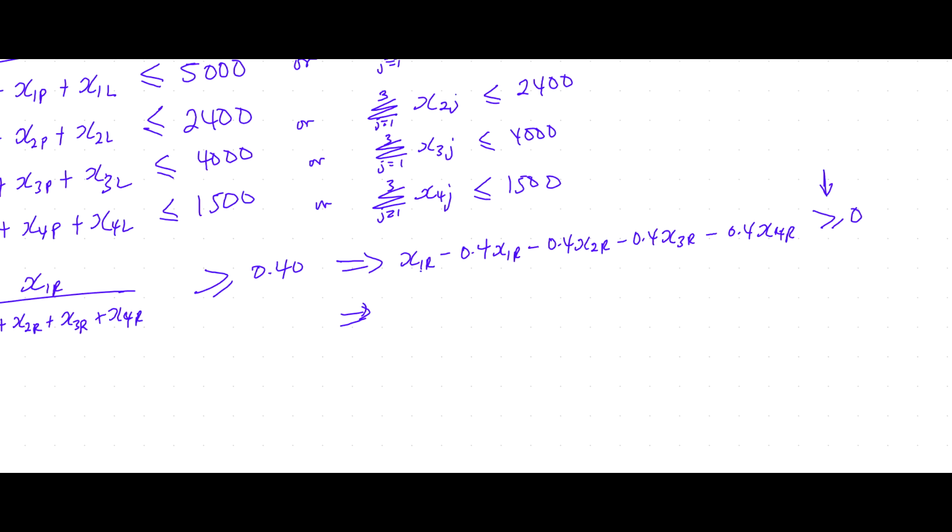So it means that this is supposed to be 0.6, then I will multiply through by negative, so greater than or equal to 0.